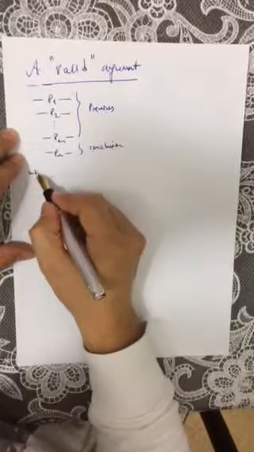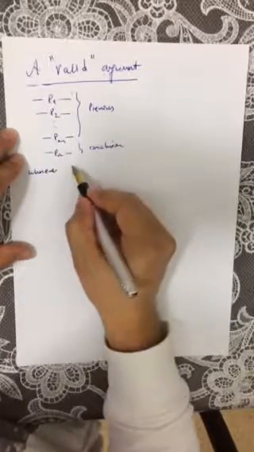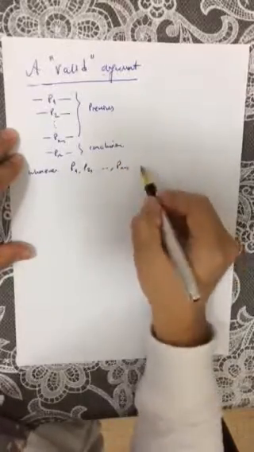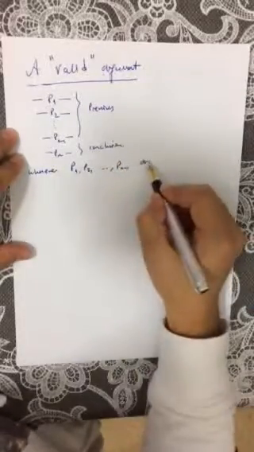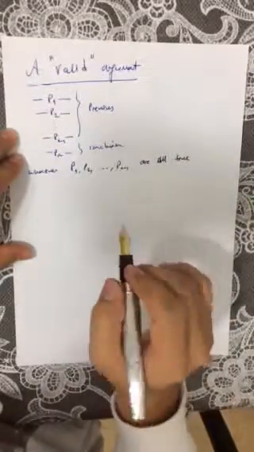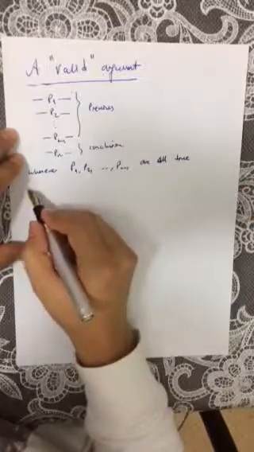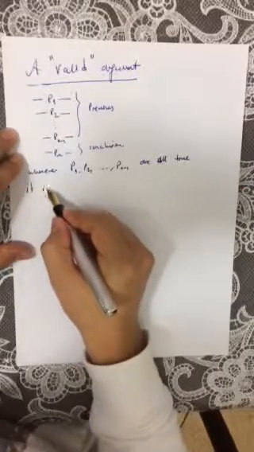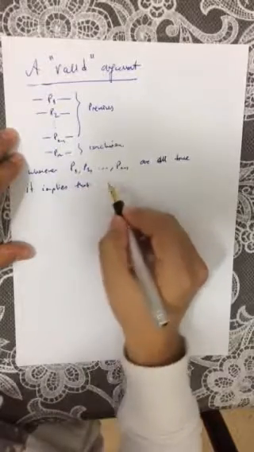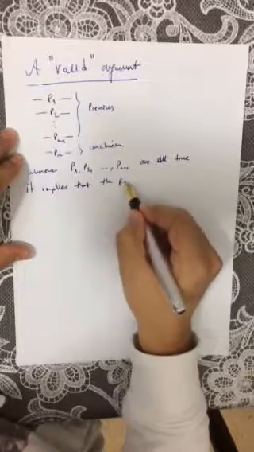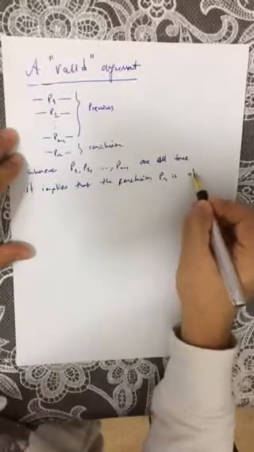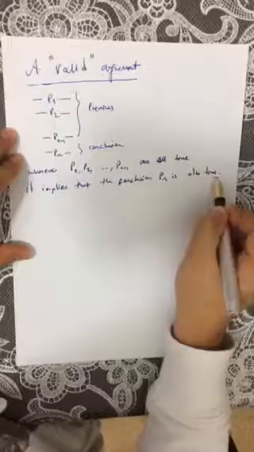So whenever P1, P2 up to Pn minus 1, these premises are true, are all true, it implies that the conclusion Pn is also true.